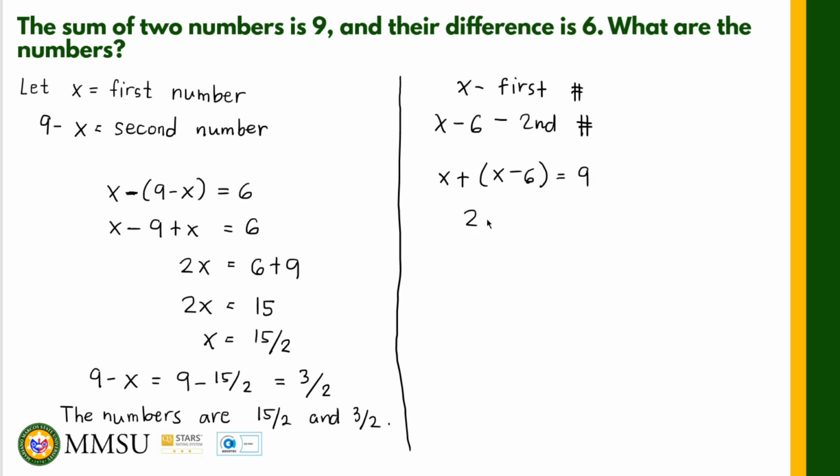So, that's 2x minus 6 equals 9. 2x is equal to 15. You see, x is 15 over 2 and x minus 6 is still 3 over 2. You see, the solution for the problem is the same with the first method that we use here.